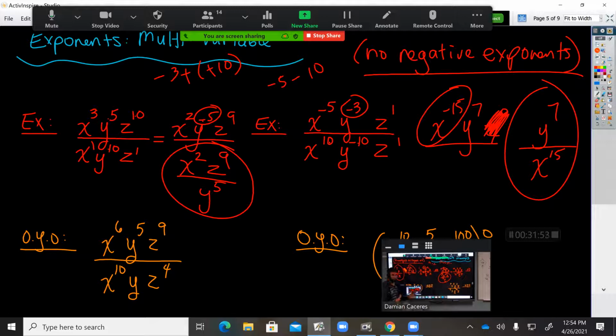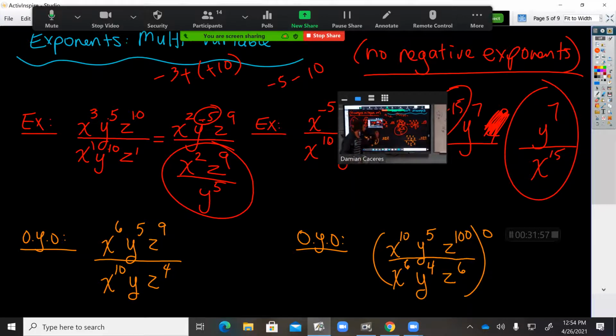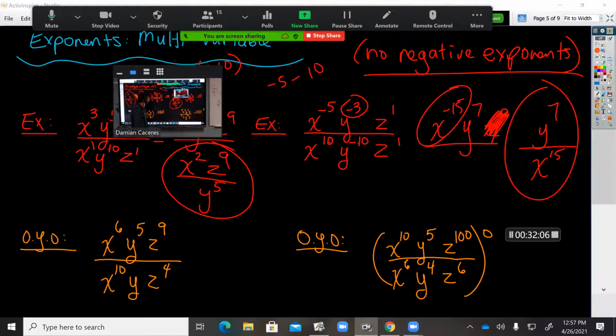Pretty simple? Any questions so far? All right, so I want you to try these two examples, and then we'll move on to the radical section. Questions? So on the first one, remember, all results go on top. So even if it's a negative, you put it on top first, and then you can move them around.